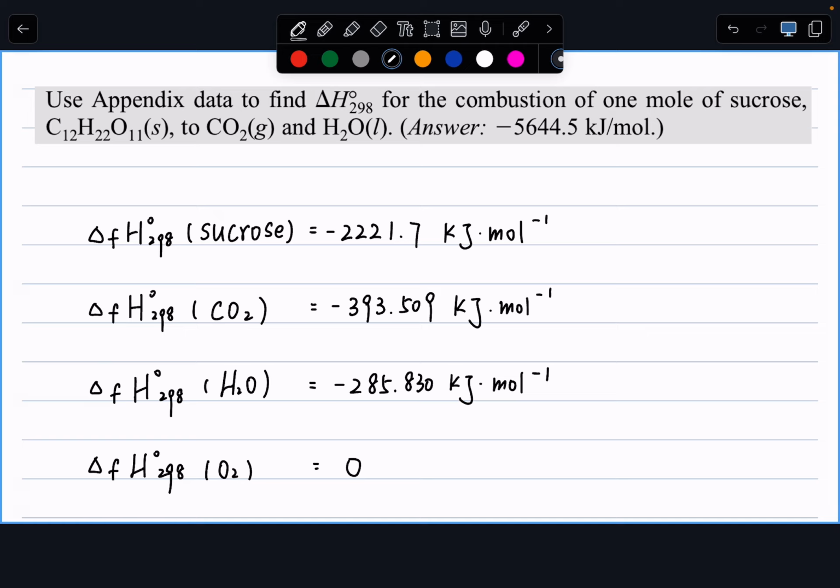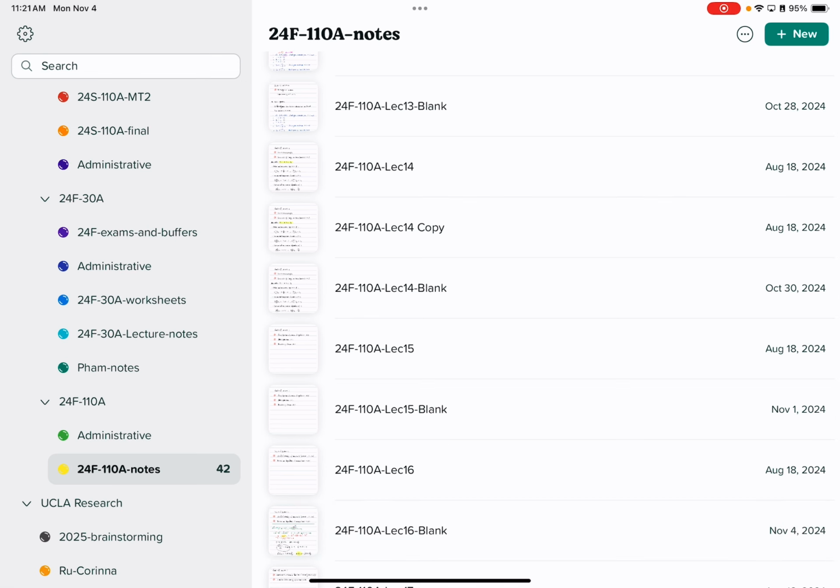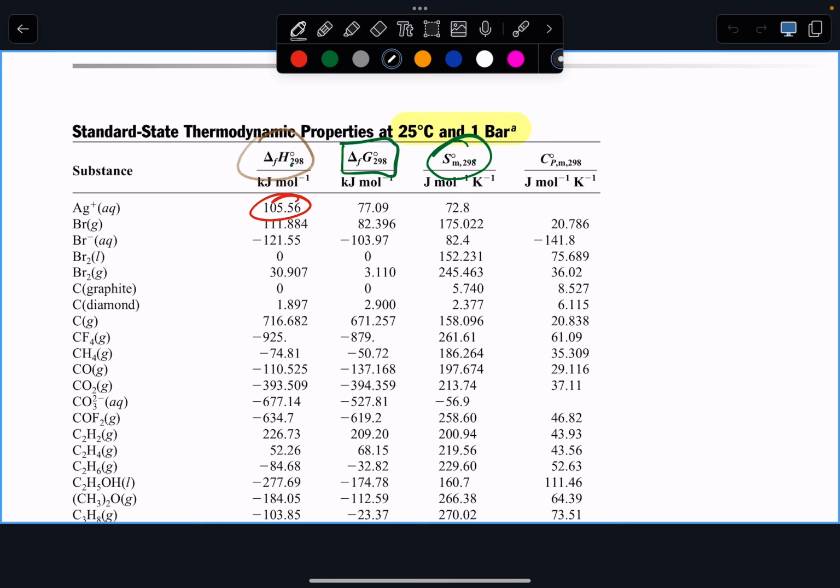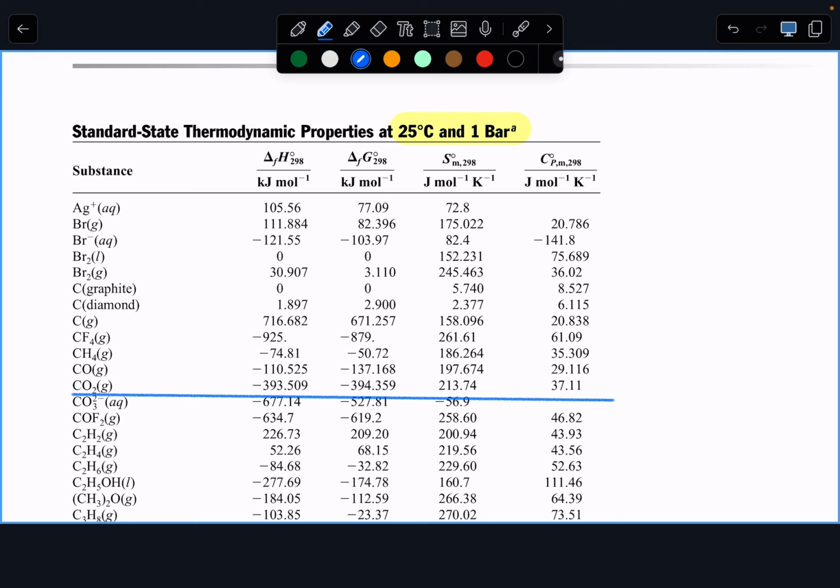But in reality, it's more likely you have to go to the appendix table and find each line. The tricky thing regarding the appendix table is that you want to make sure you're looking at the correct phase. For example, in this question, we're looking for CO2 in its gas phase, so make sure you're searching for the correct line for the number.